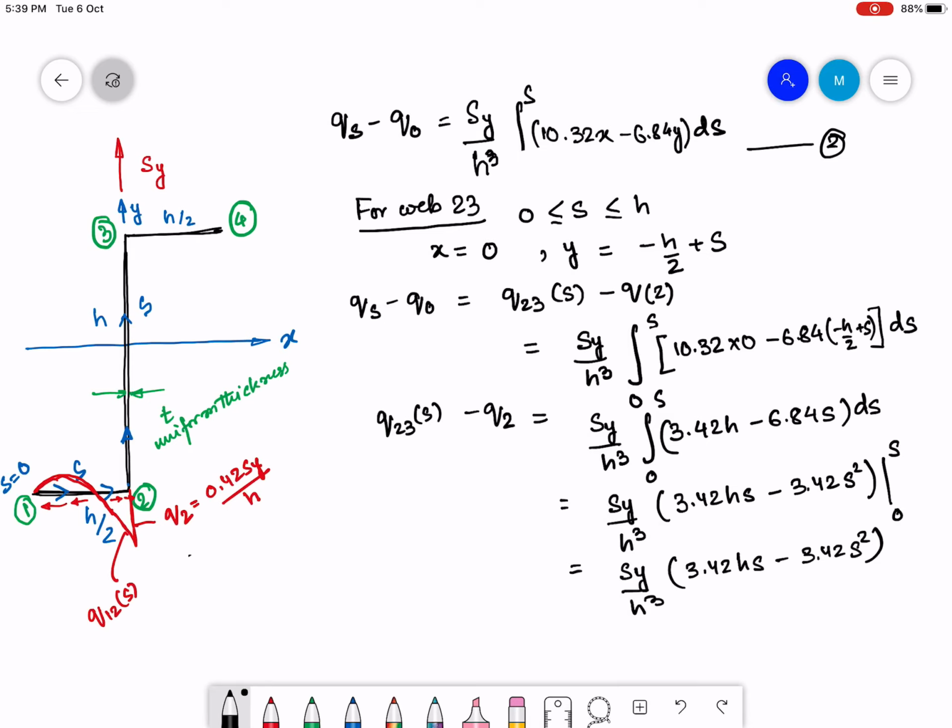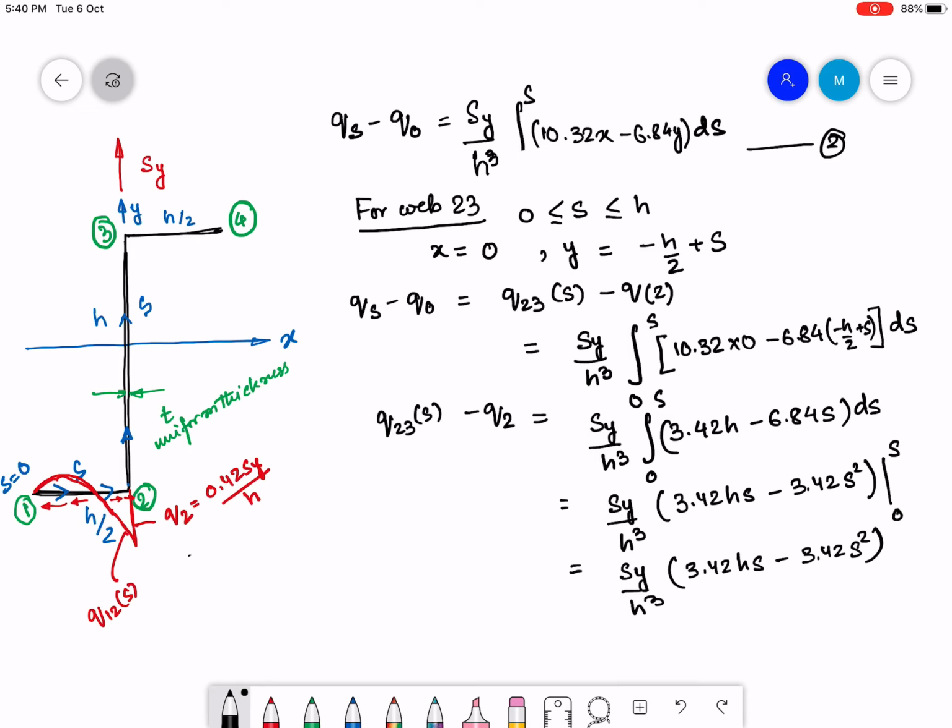Okay, so that is going to be the solution for the expression. So I'm just checking whether I have done it correctly. Okay, so this seems to be correct.